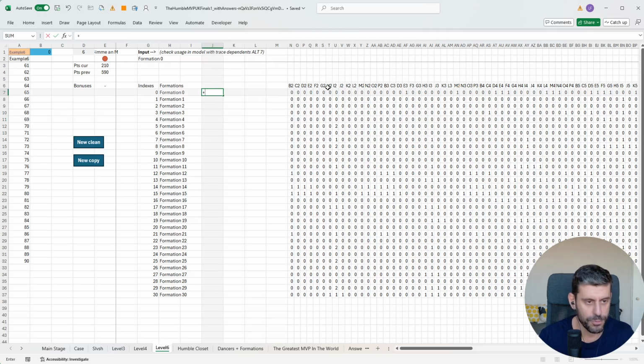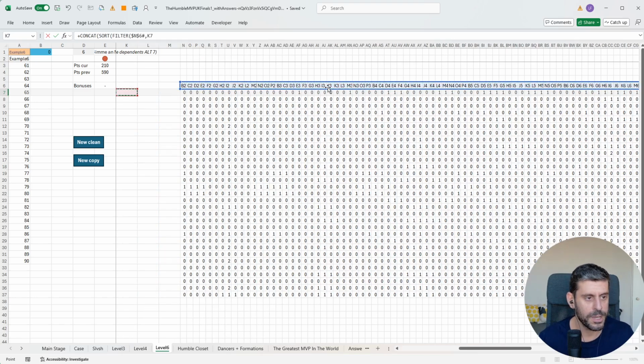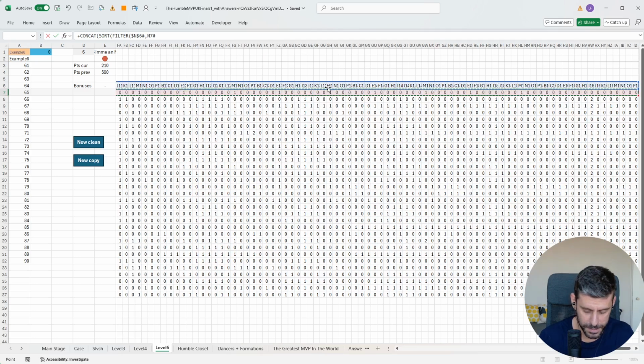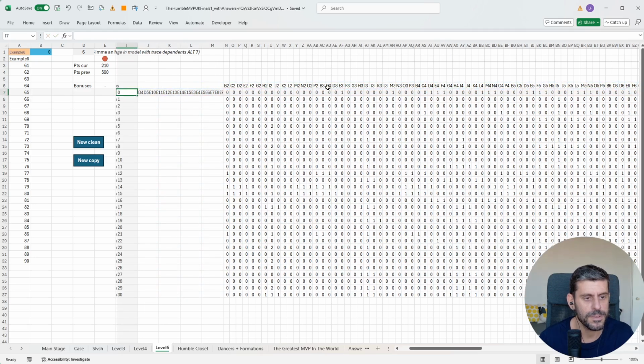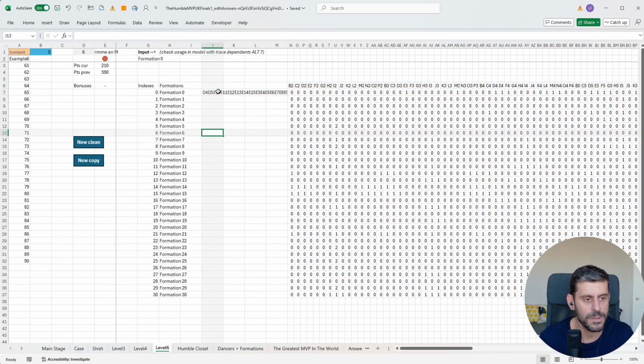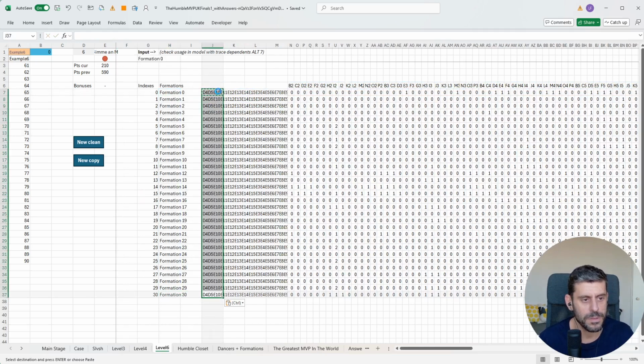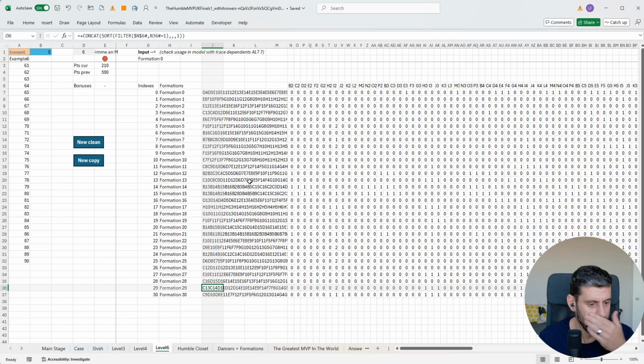So what I could do instead is I could do a concat of sort of filter of this lock and this equal to 1, sort by column true, concat, okay.